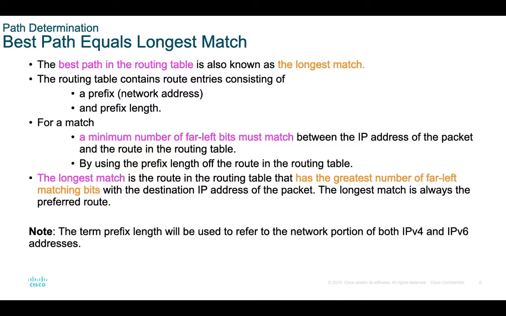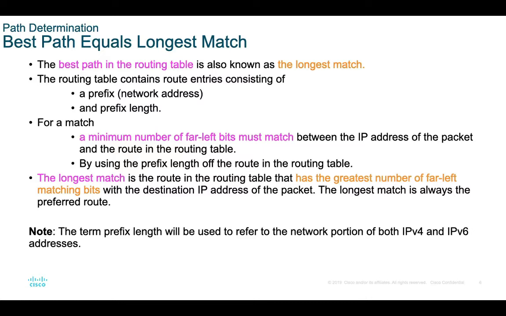So for a router, in order to match any entry inside the IP table, a minimum number of far left bits must be matched. But even though there is a minimum, we look for the longest match, as long as we can, between the IP address of the packet and the route in the routing table.